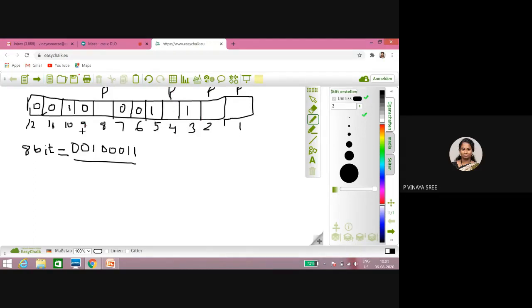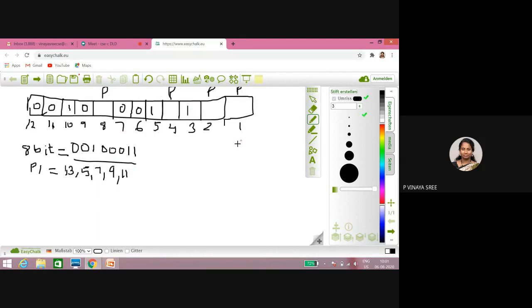Okay, so now we need to calculate parity P1. Tell me the numbers that you have noted in your notes. 1, 3, 5, 7, 9, 11. For more simplification, tell me wherever we are having 1.